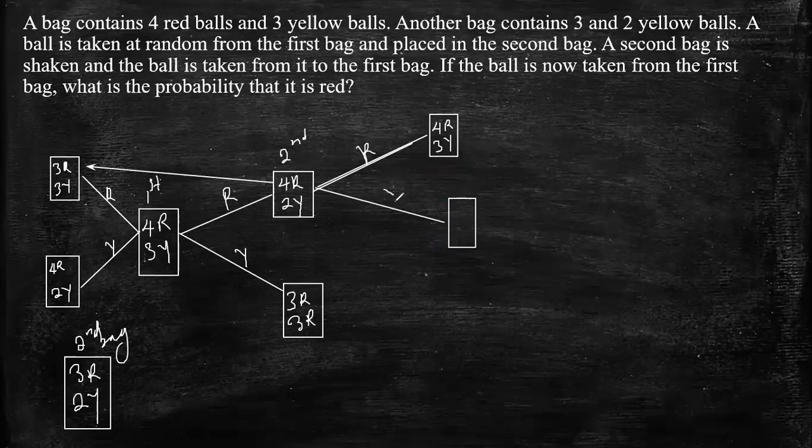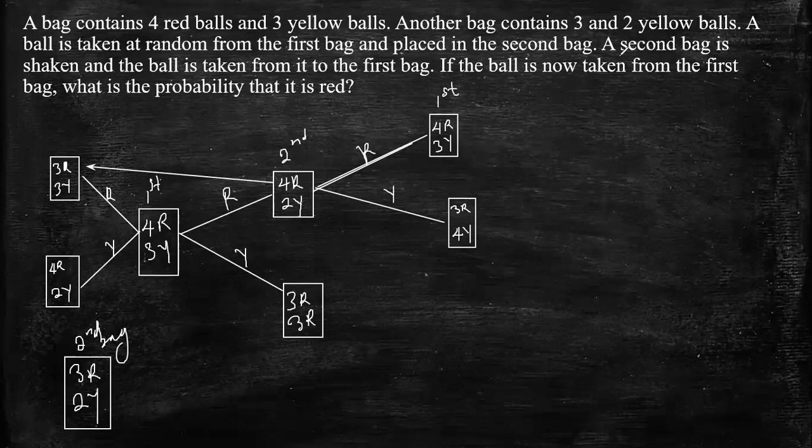Now, if we take a yellow ball there, the red ones will remain 3, but the yellow ones, because we are adding a yellow to the first bag, will increase to 4. This is now we are adding our ball back into the first bag. And then let us just complete with this branch here.